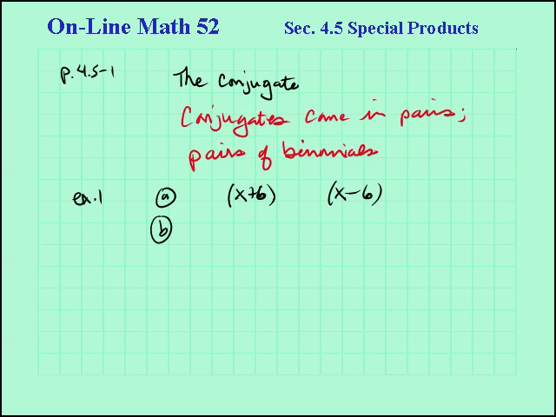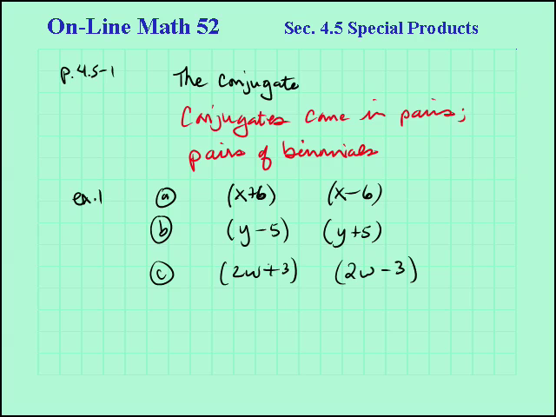Here's part B, y minus 5. The conjugate is, that's right, y plus 5. And part C, 2w plus 3. Simply put, the conjugate is 2w minus 3.